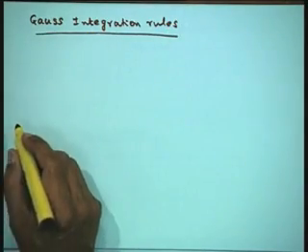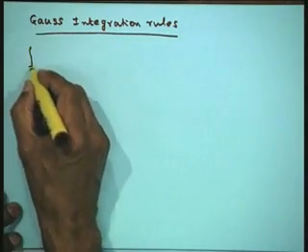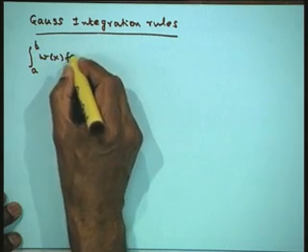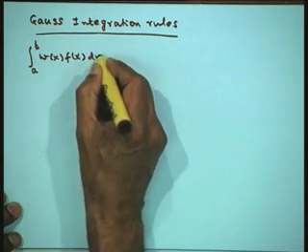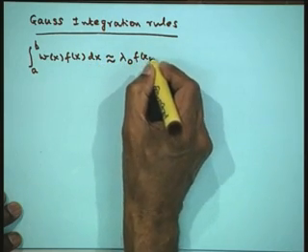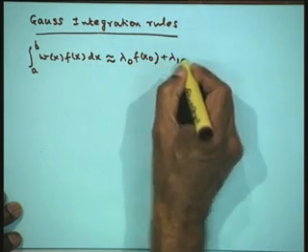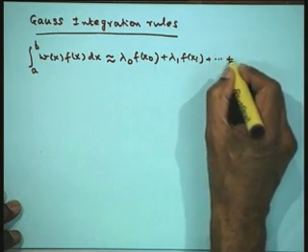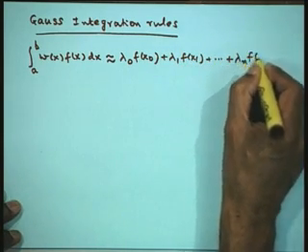Therefore, what we are looking for is a formula of the type integral a to b, weight function w x, f x dx, is approximately lambda naught f of x naught plus lambda 1 f of x 1 plus so on, lambda n f of x n.